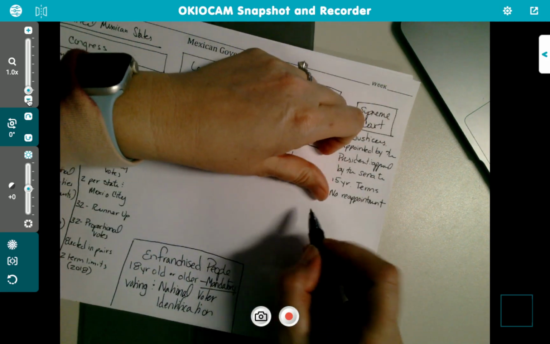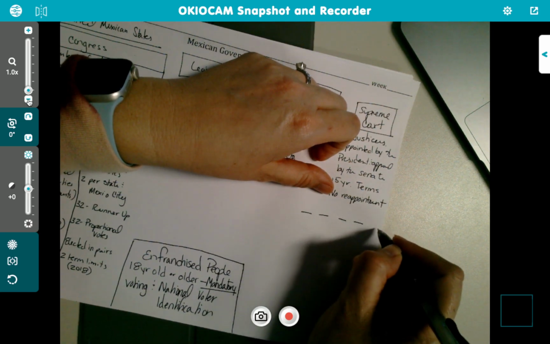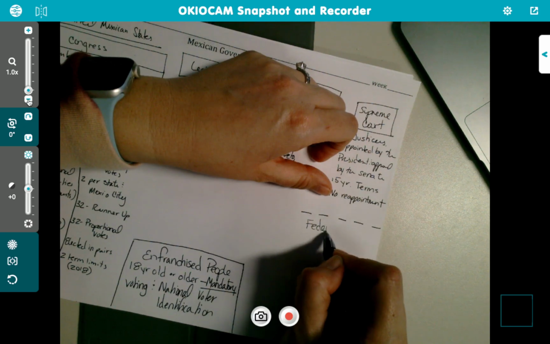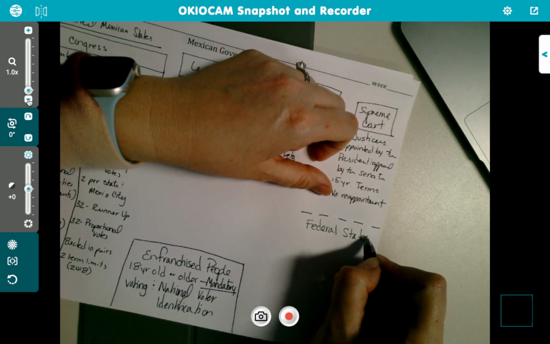Okay, I do want you to be aware of the federal states because the federal states are very important. They play a bigger role than they do here in the United States, and we know ours play a very big role post-pandemic. Federal states.